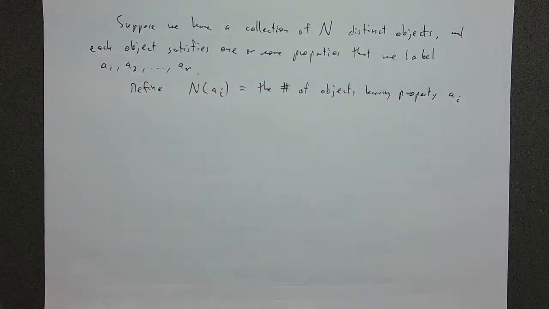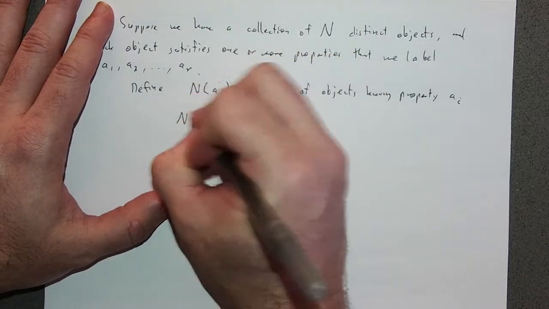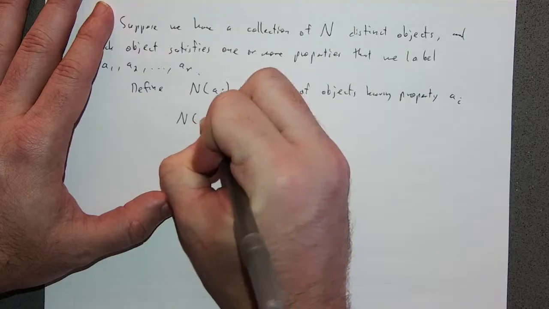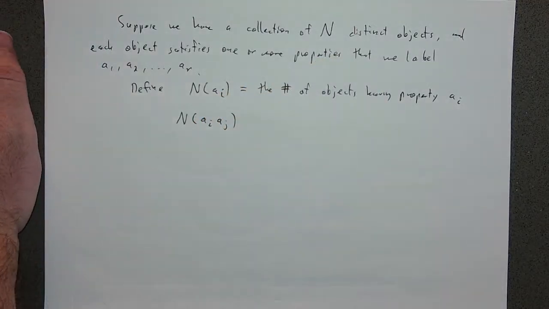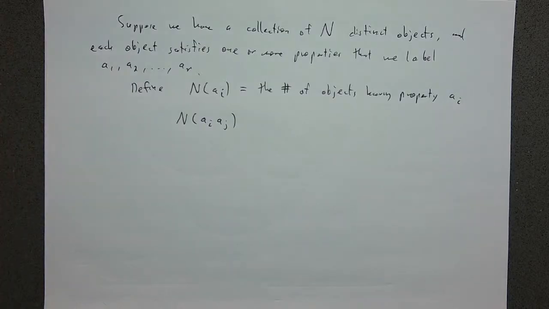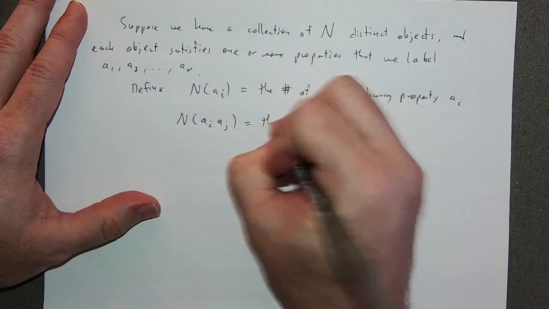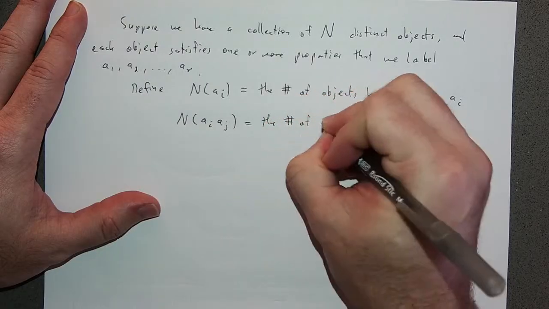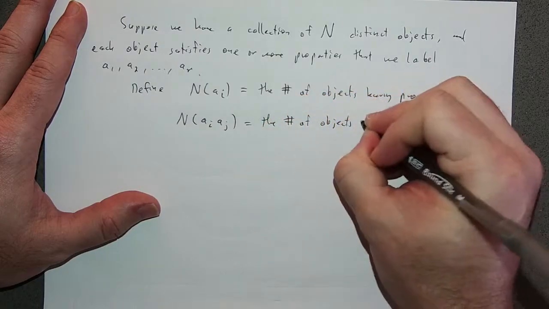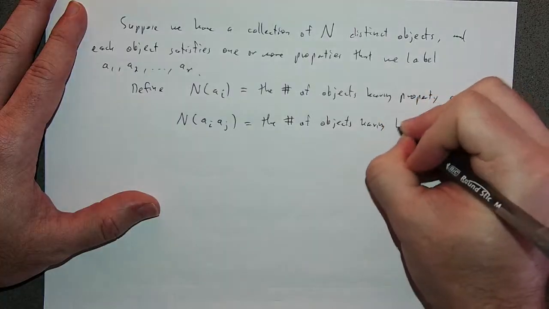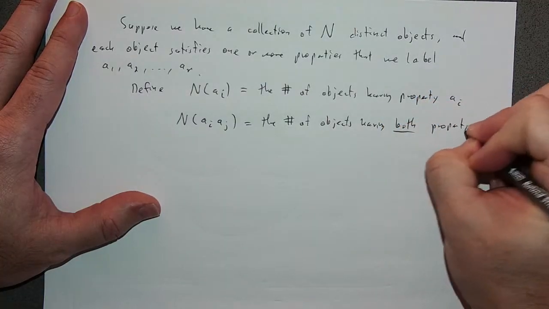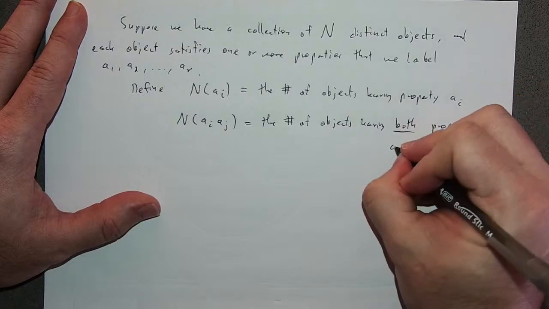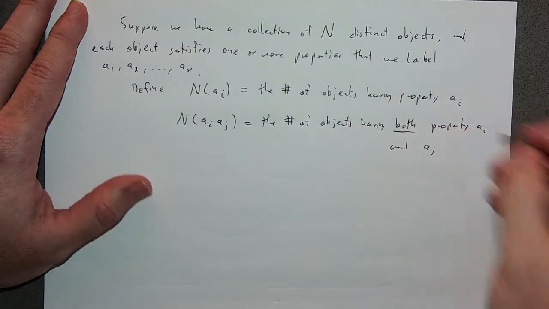Let n of A sub I, A sub j be the number having both property A sub I and A sub j. So the number of objects having both property A sub I and A sub j.